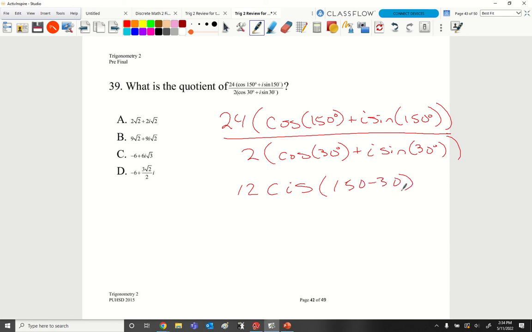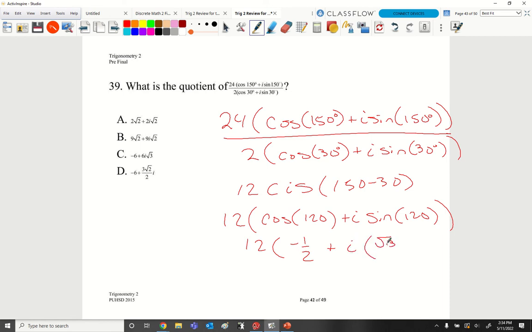So it's going to be 12 times parentheses cosine of 120 plus I sine of 120. So 12, cosine at 120 is negative 1/2, plus I sine at 120 is a positive radical 3 over 2. And distribute the 12.